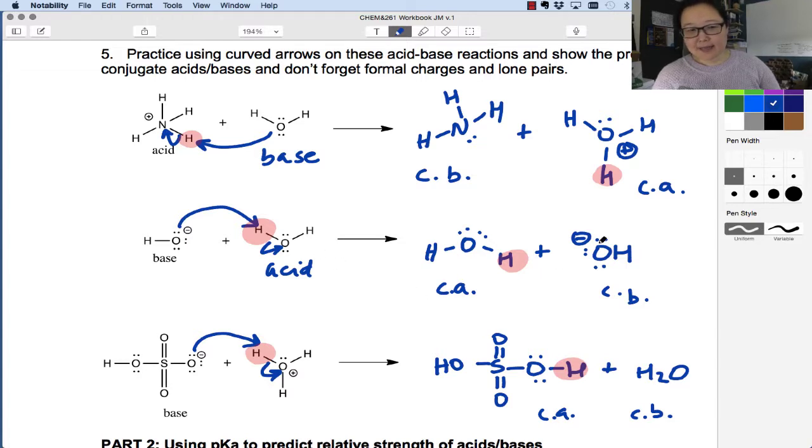And the last example, I have the conjugate base of sulfuric acid, HSO4-, sulfate ion, and it's grabbing a hydrogen ion from hydronium, releasing water. So here's that, and this is my conjugate acid and my conjugate base. So the next question for you, so here you might notice, oh, this is sulfuric acid, H2SO4, and that's a strong acid.